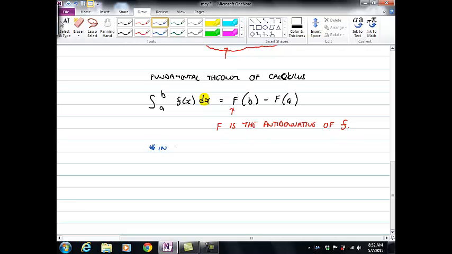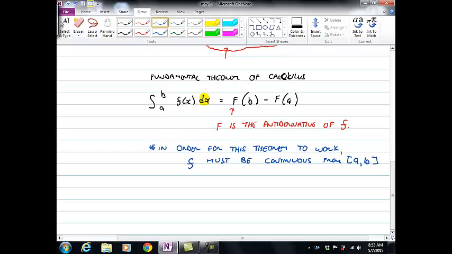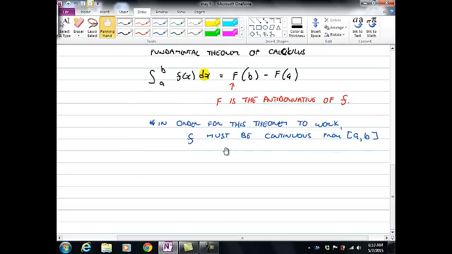In order for this theorem to work, f must be continuous in the interval from a comma b. It says in order for this theorem to work, it must be continuous on the interval a to b.